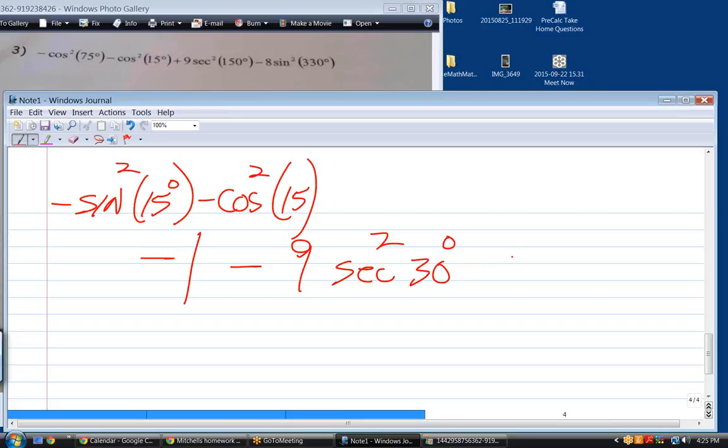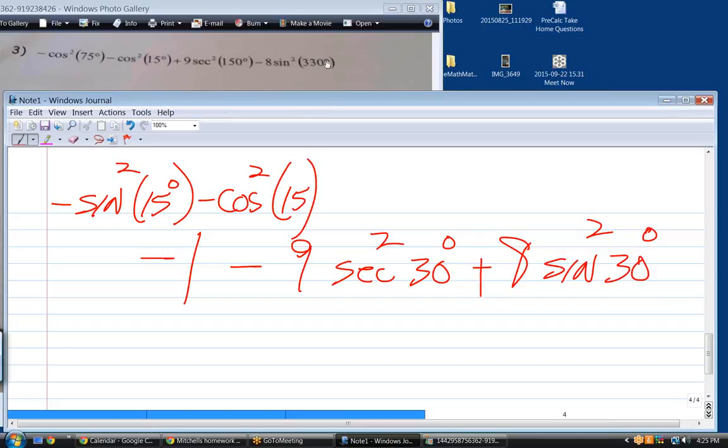Minus sine squared. If I want to put 30 in here, what do I have to do? Make it a negative. Change that negative to a positive, and now I can replace the 330 with 30, because that's fourth quadrant.